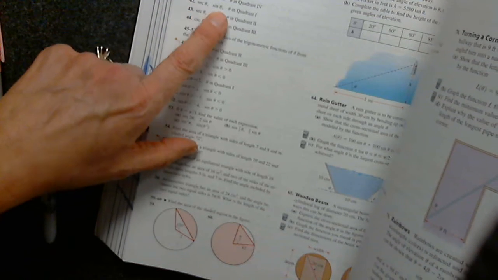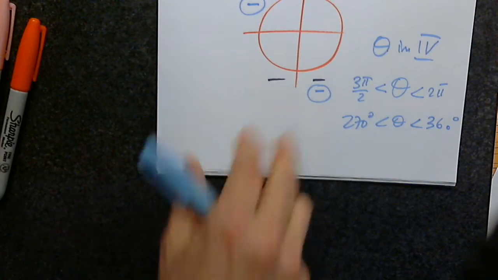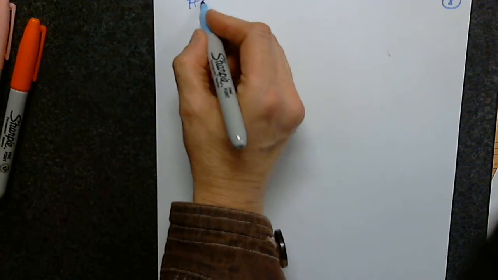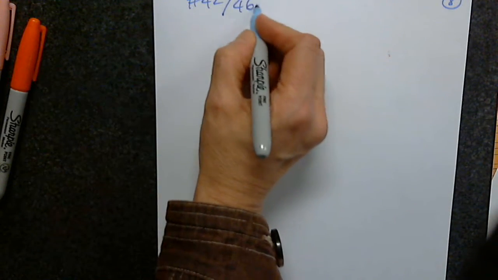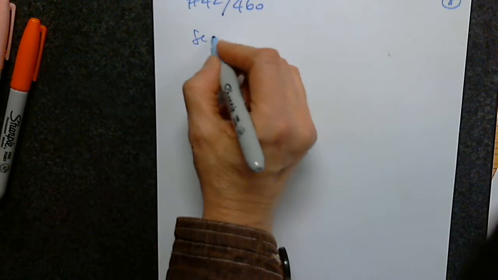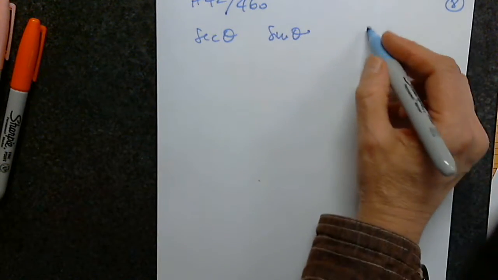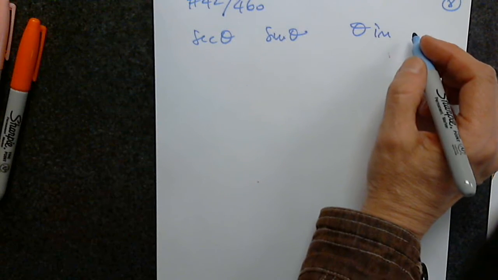42. So we want secant theta, sine theta, and theta in 1. So you picked 42 on page 460, and this is secant theta in terms of sine theta for theta in quadrant 1.